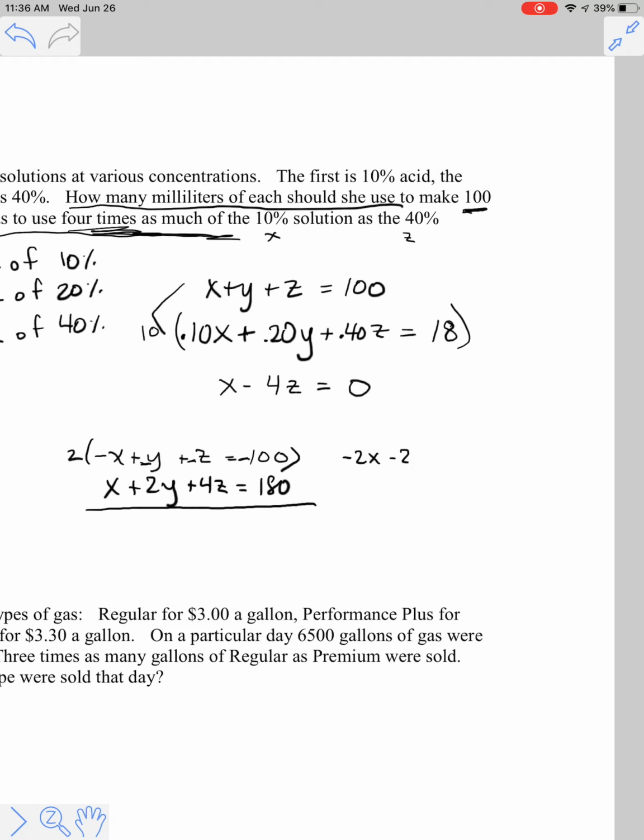So this is -2x minus 2y minus 2z equals -200. And the reason I'm eliminating y is because I'm trying to combine it with this equation, that's where y has already been eliminated.